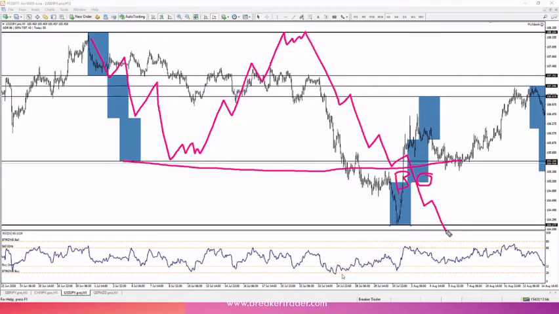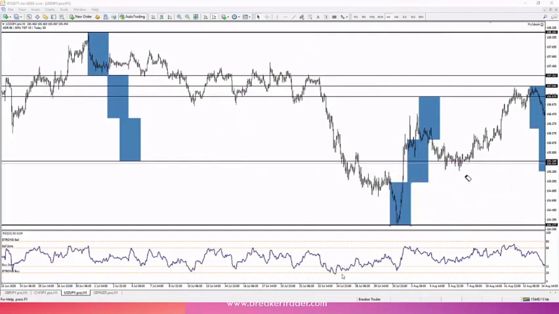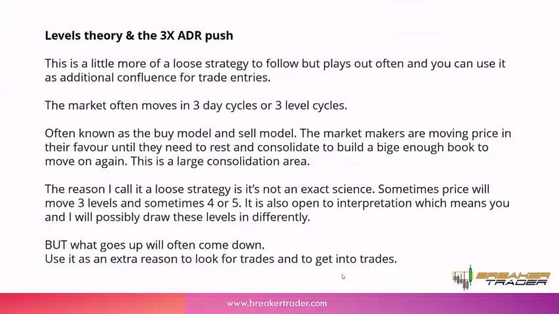Okay, and then we would expect price to come back up, retest this level before continuing down on the new trend. All right, so that's levels theory. That's the 3 times ADR push. That's all I want to cover on that particular part of the section.